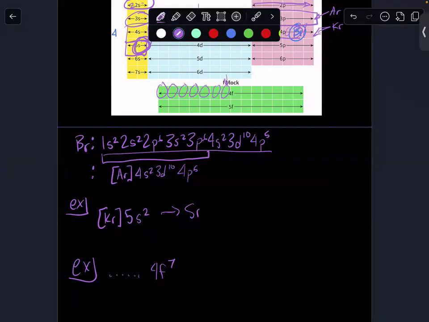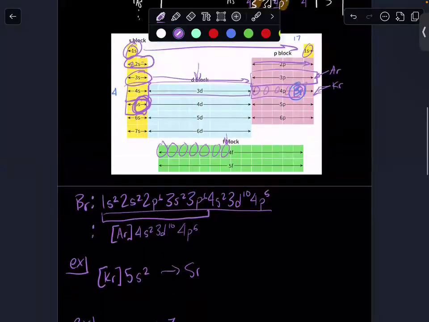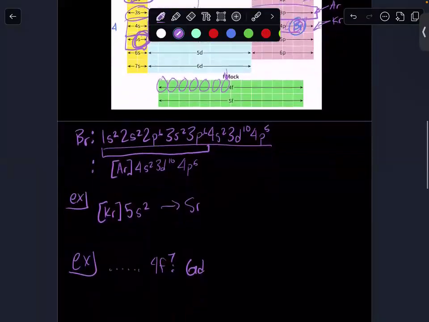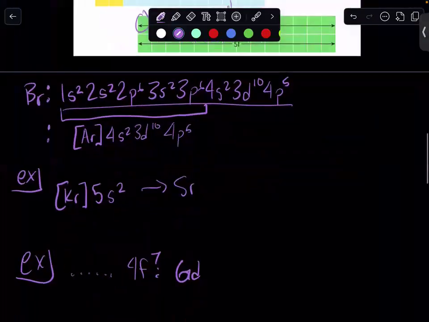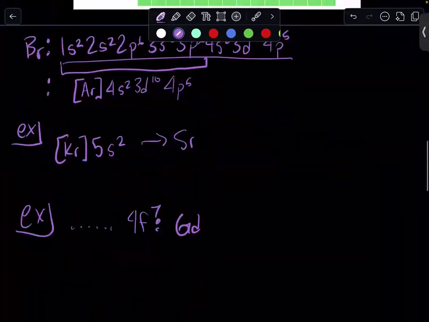So it's going to be that element, which is gadolinium. All right. So you can start recognizing elements just based off their electron configurations and not even the whole electron configuration. You can do it via just the last part because that's the key aspect.